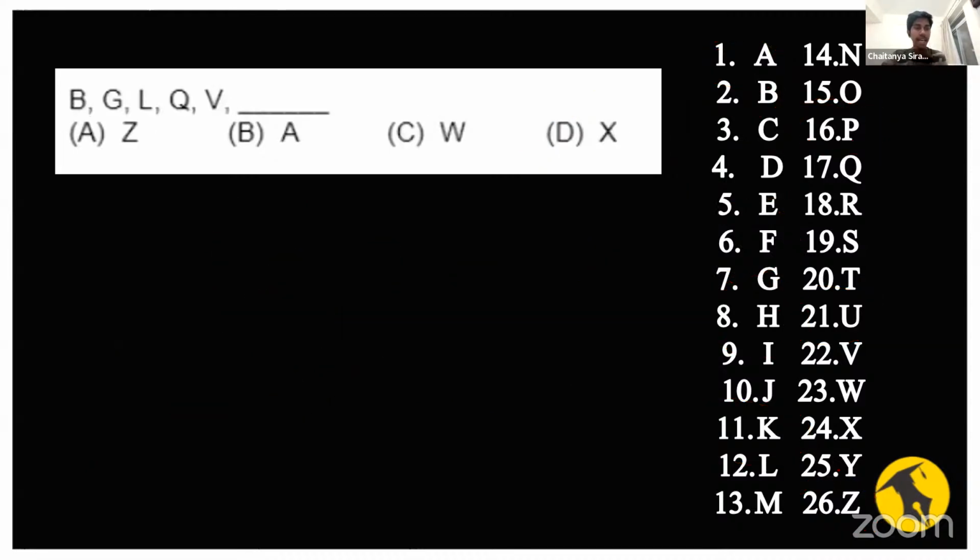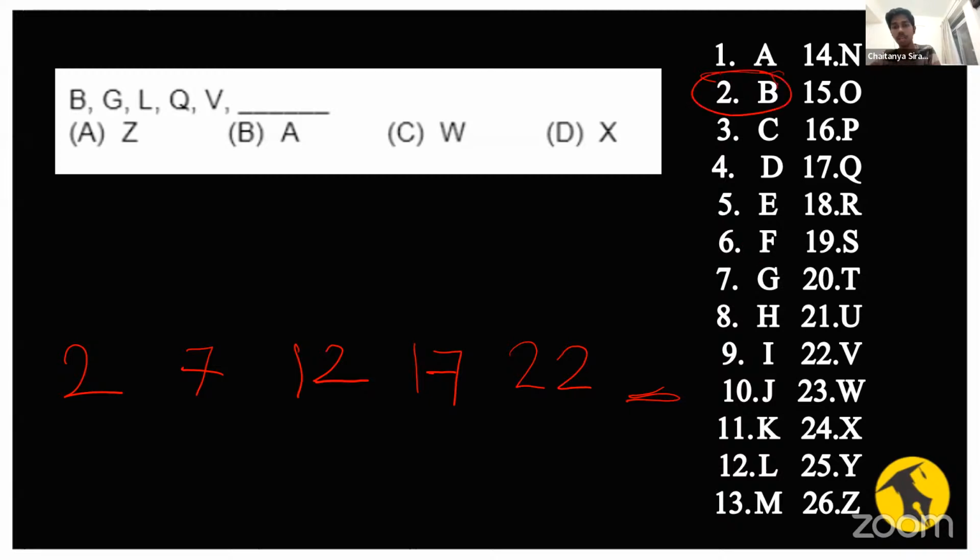B, G, L, Q, V. So B is 2, G is 7, L is 12, Q is 17. Then I have V as 22, and I am asked the next one.